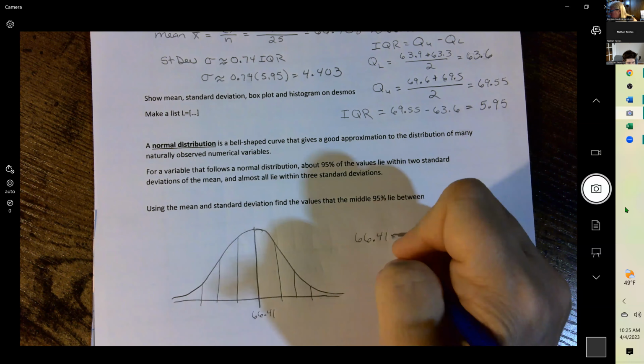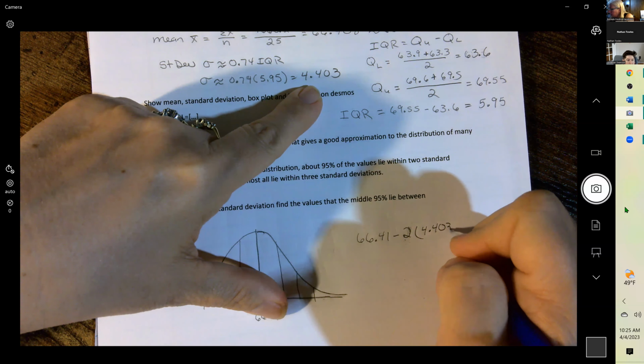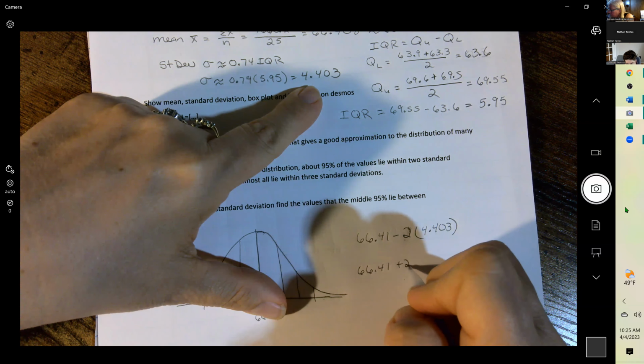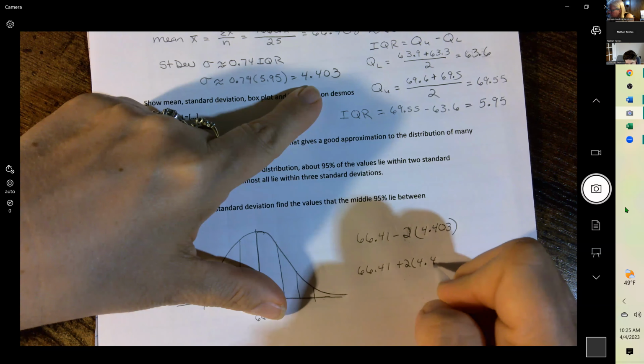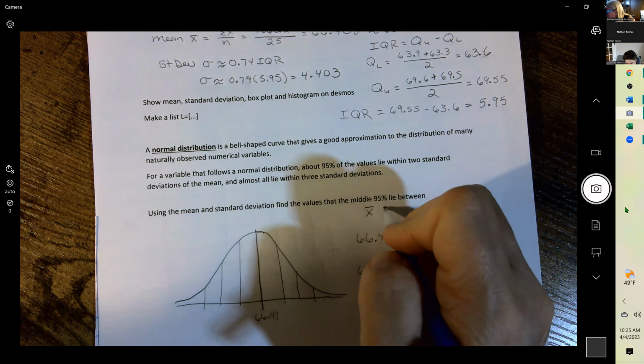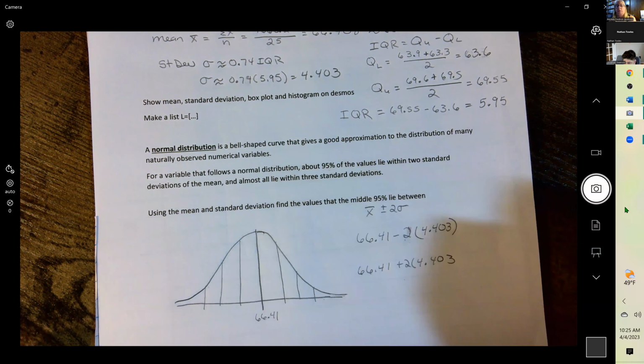Standard deviation was 4 point something. So I'm taking the mean and I'm adding and subtracting two standard deviations. 95% of the heights are inside that.